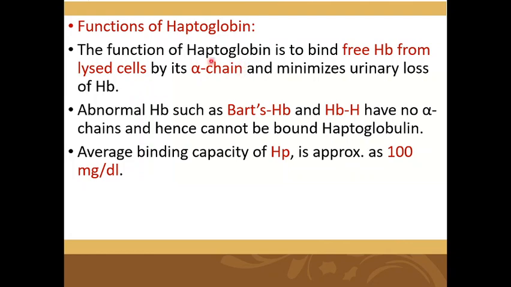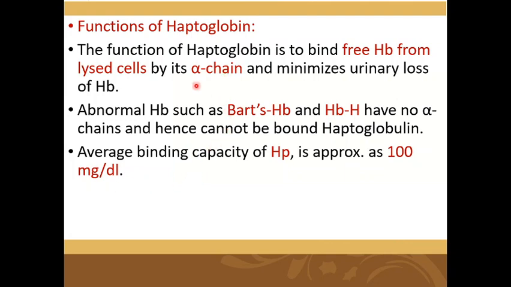By its alpha chain, it binds to the free hemoglobin released from the cells, and minimizes the urinary loss of hemoglobin. Abnormal hemoglobins, such as Bart's hemoglobin or hemoglobin H, have no alpha chains, and hence they cannot bind haptoglobin. The average binding capacity of haptoglobin is approximately 100 milligrams per dl.